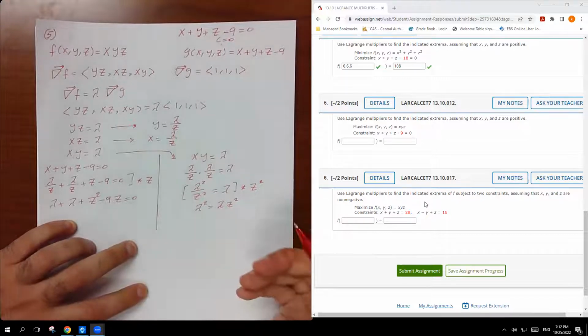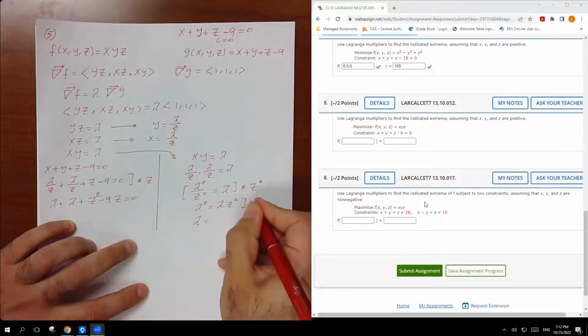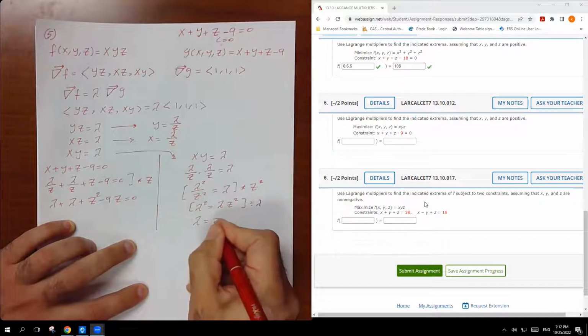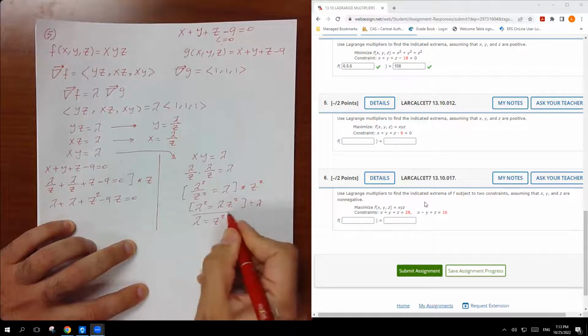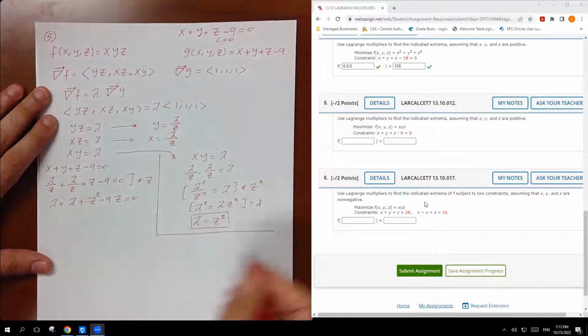Okay, divide both by lambda. That means lambda is going to be equal to Z squared. So I'm going to go back here and plug in here.